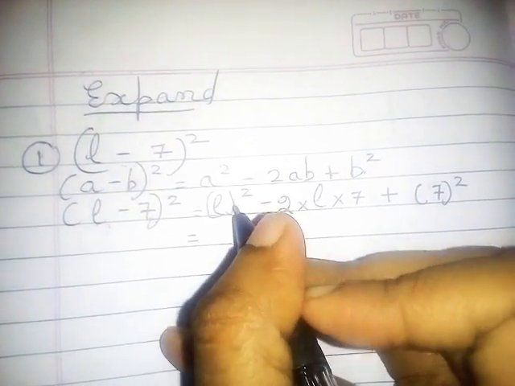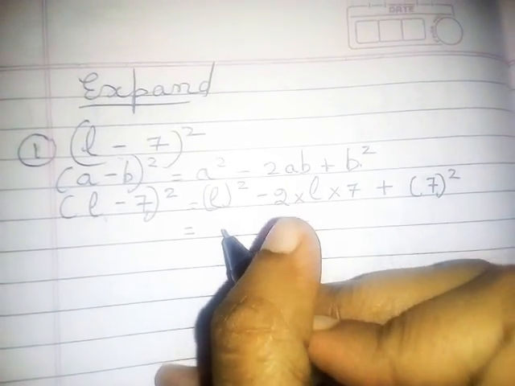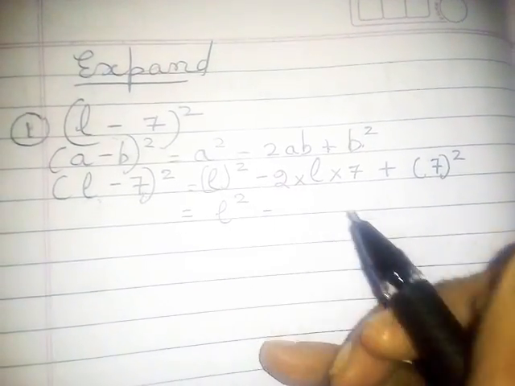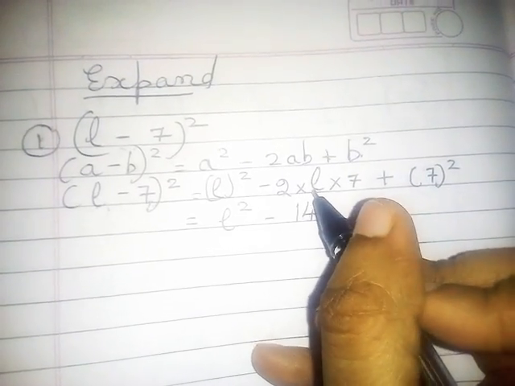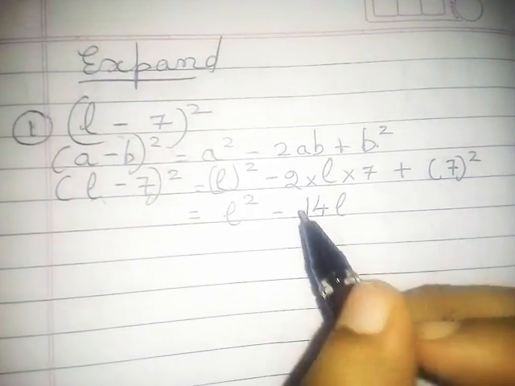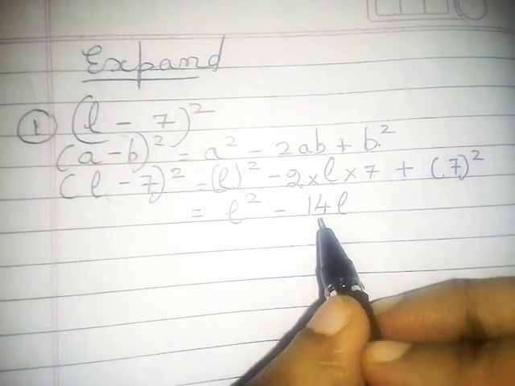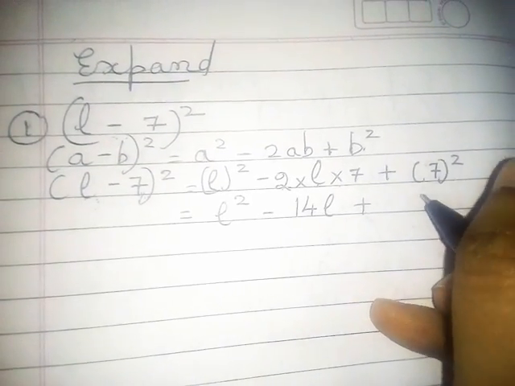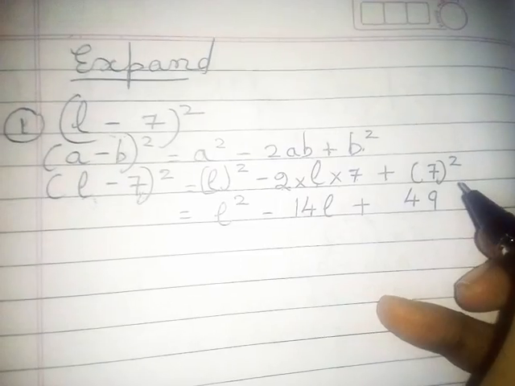The square of the variable remains the same. l² will remain l². 2 sevens are 14, 14 into l, 14l. First you have to multiply the number and then the variable. Plus 7² is 49. 7 sevens are 49.